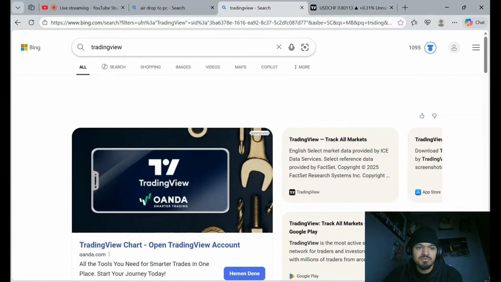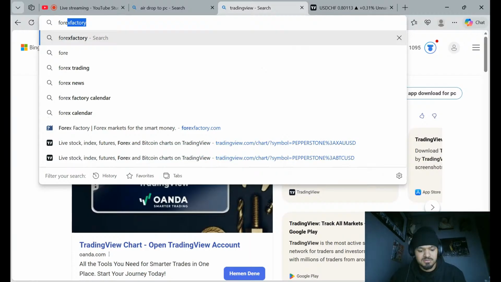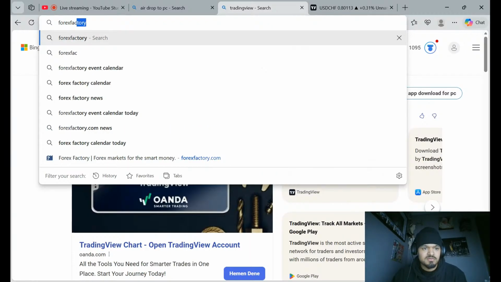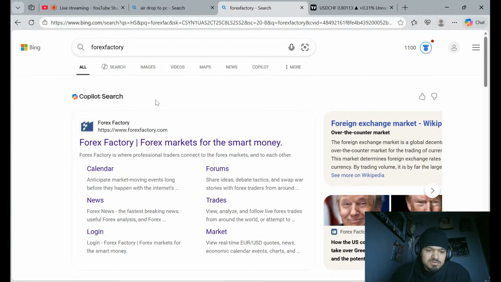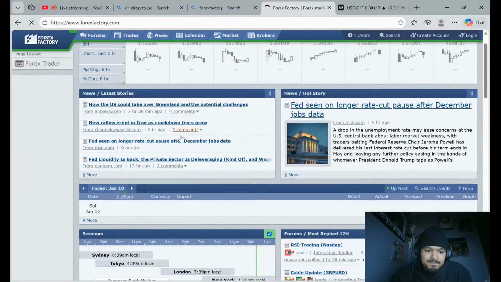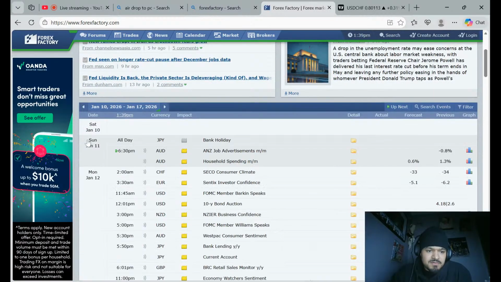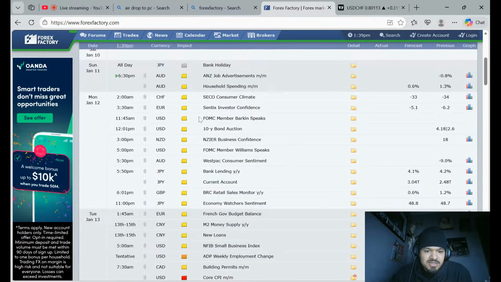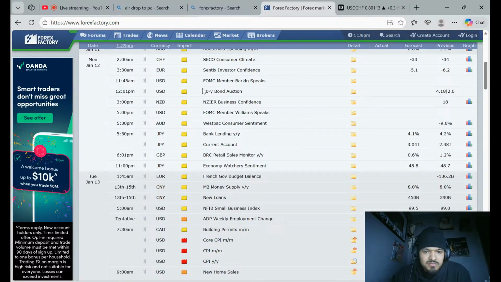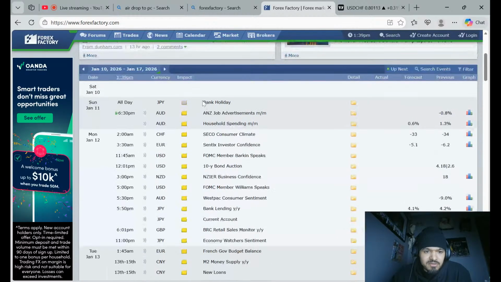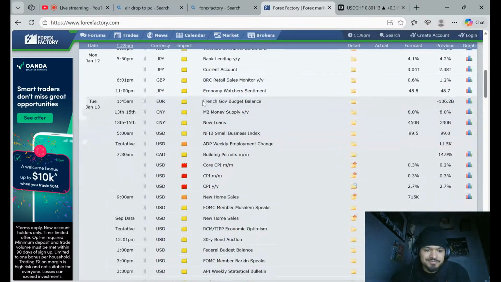Let's see what news is coming up this week. Forex Factory. Saturday, Monday. FOMC member, 10-year bond action. They're all yellow folders for Monday, so Monday's probably going to be chill.